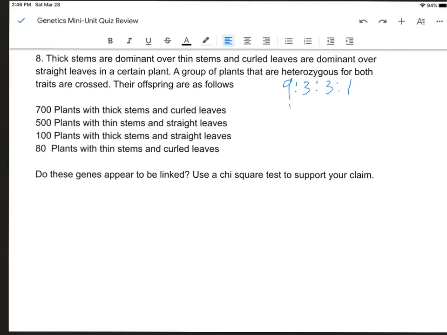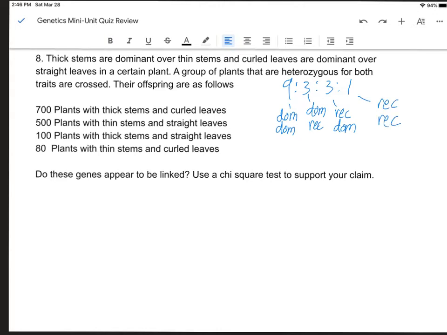meaning 9 of having both dominant traits, 3 of one dominant and one recessive, 3 of the other recessive and the other one dominant, and 1 of having both recessive traits.